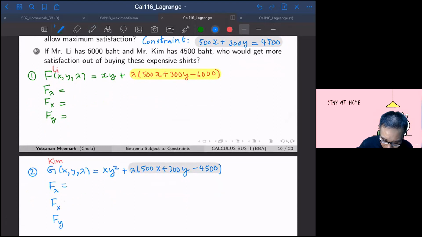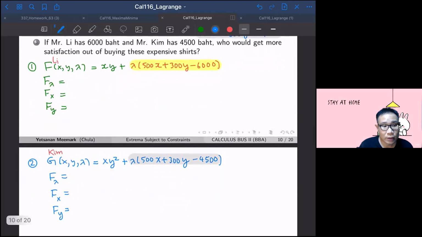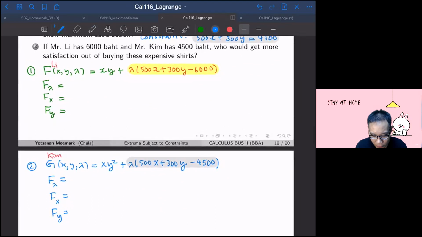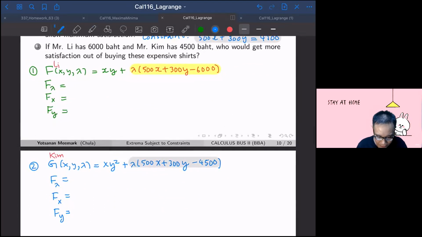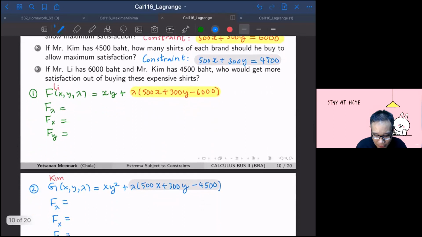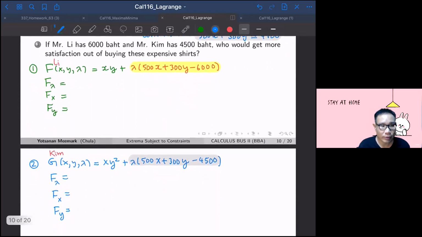Okay, so you have three of them like this, and you're gonna set f lambda equal to 0, fx equal to 0, fy equal to 0. So you're gonna have the maximum satisfaction for Mr. Kim and Mr. Lee.